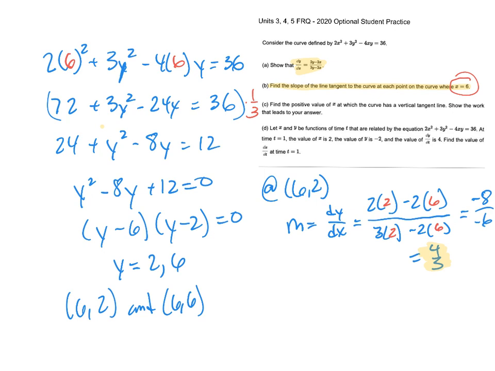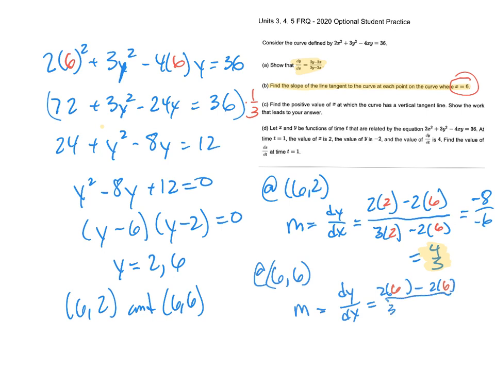Now let's think about the point 6, 6. The slope is going to be dy over dx with 6 and 6 plugged in. So 2 times 6 minus 2 times 6. We get a 0 on top. So if we get some other value on the bottom, this thing's just 0.